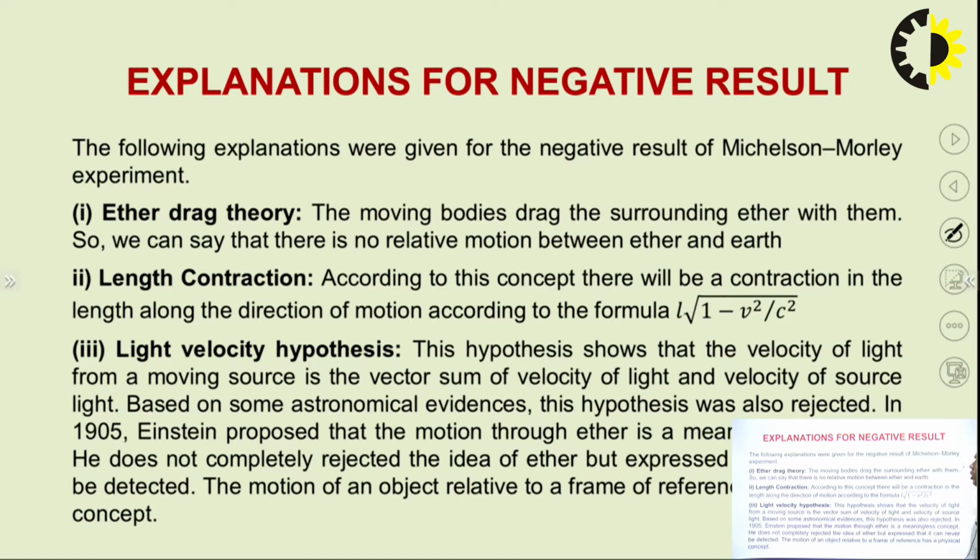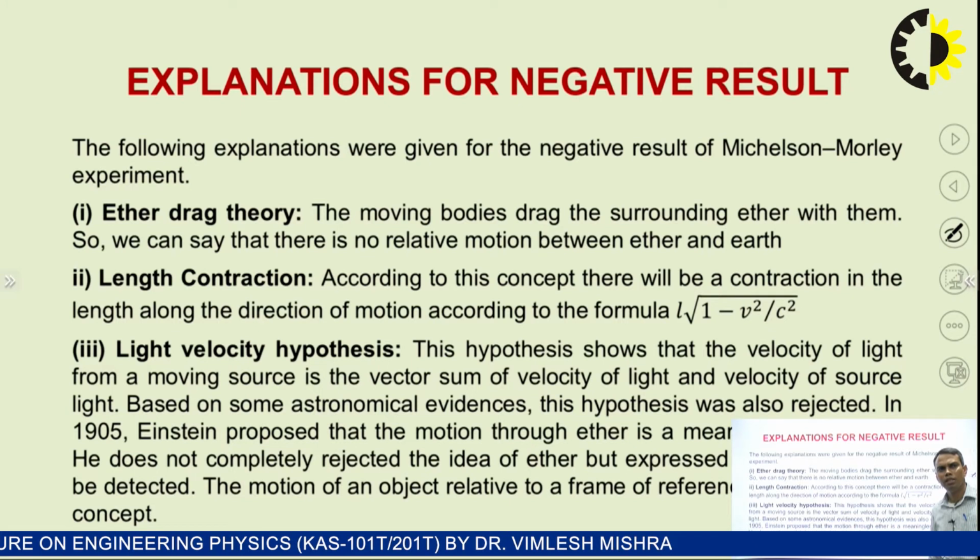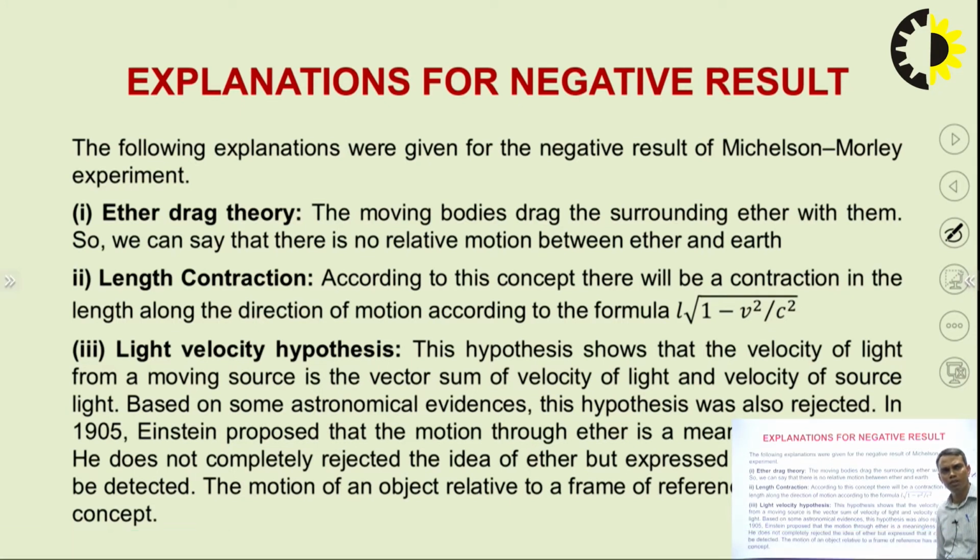There are three theories: the ether drag theory, the length contraction theory and the light velocity theory, and the fourth one is Einstein's postulate. These theories, the ether drag theory, length contraction and light velocity hypothesis, cannot explain this negative or null result of Michelson-Morley.